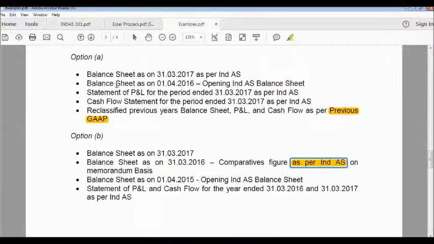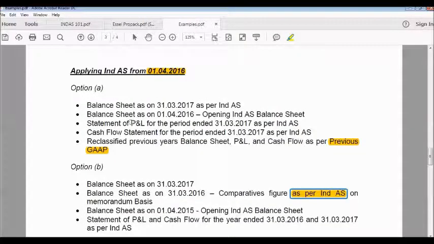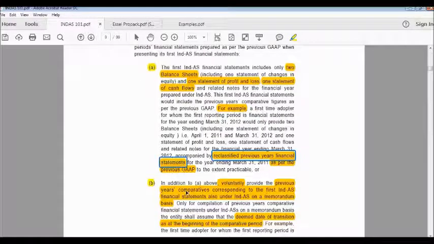So this is the whole list. Balance sheets: first 31st March 2017 and then 1st April 2016, 1 statement of P&L, 1 statement of cash flow as per Ind AS, and the reclassified previous year figures as per the previous GAAP.